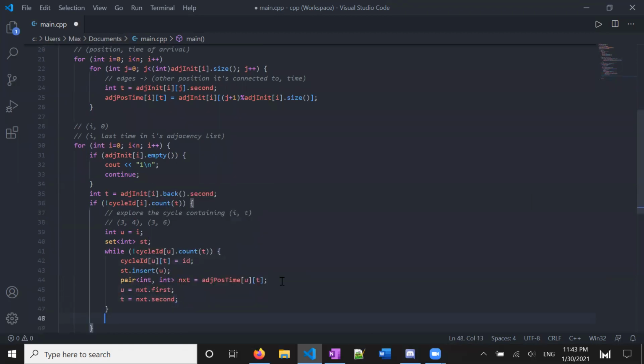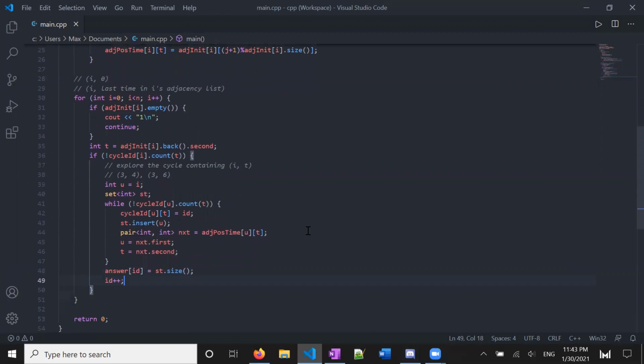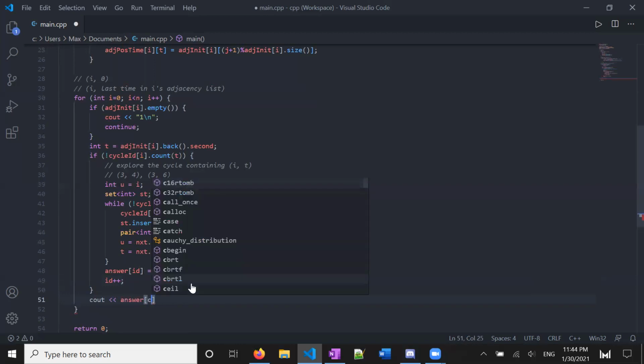All right. When we're done with that, the answer for this given component is equal to the size of the set. Finally, we increase the ID because the next component will have a different ID, and we print the answer for this component.